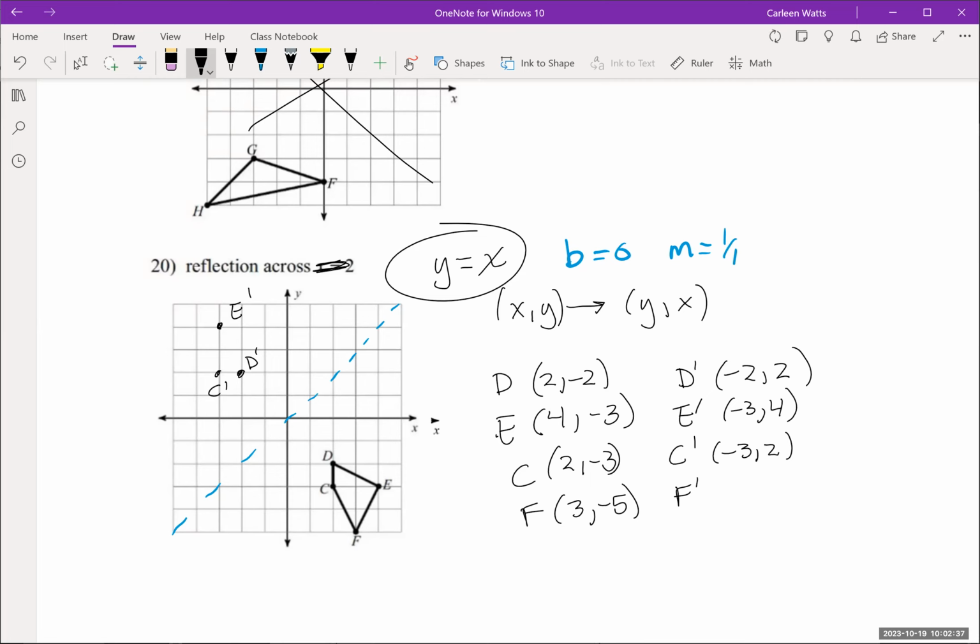F prime is -5, 3. And if you are correct, it should look like butterfly wings. Am I correct? Yeah, it's just a little sloppy.